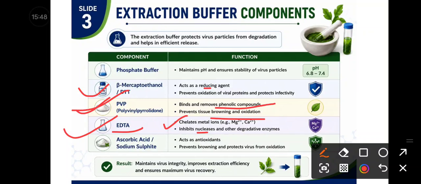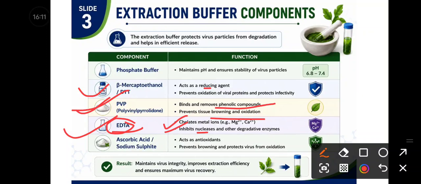Then ultimately the activity of nucleases as well as other degradative enzymes will be inhibited. So this EDTA, this chelating agent, inhibits the activity of degradative enzymes like nucleases.